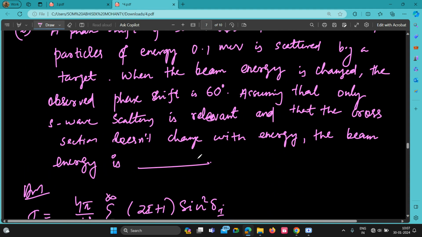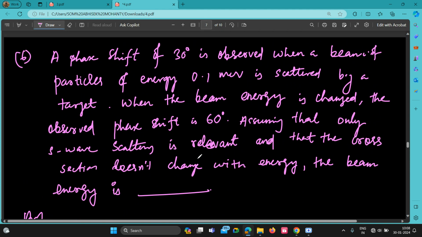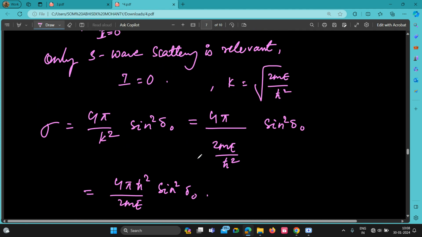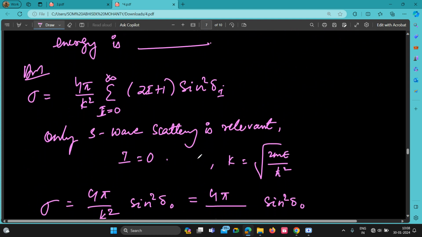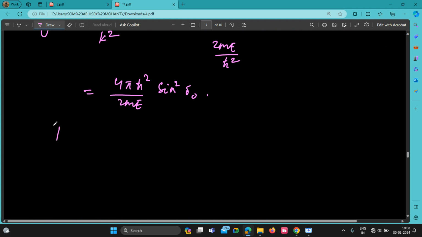So this is your cross section. What is the question? Cross section doesn't change with energy, the beam energy is. The observed phase shift is 60 degree, assuming that only S wave is different. First, the phase shift was 30 degree and the energy was 0.1 MeV, and now phase shift is 60 degree and the energy is asked. So we can say initial cross section is equal to final cross section.